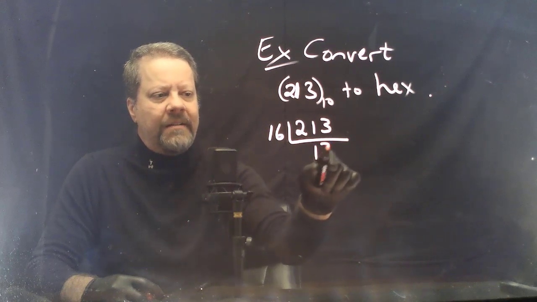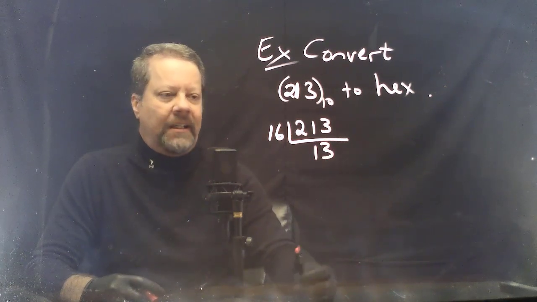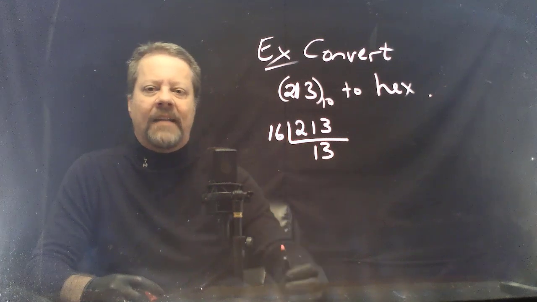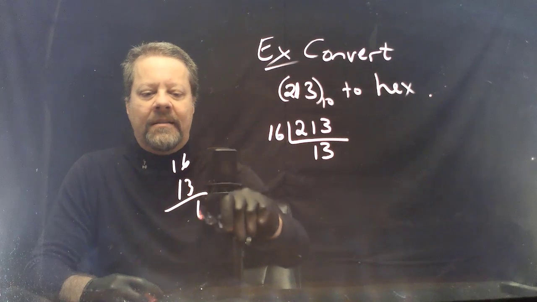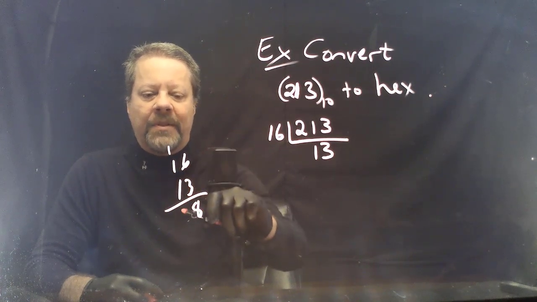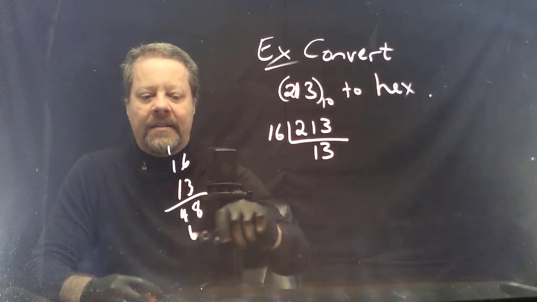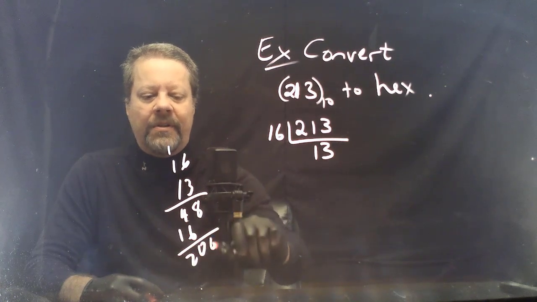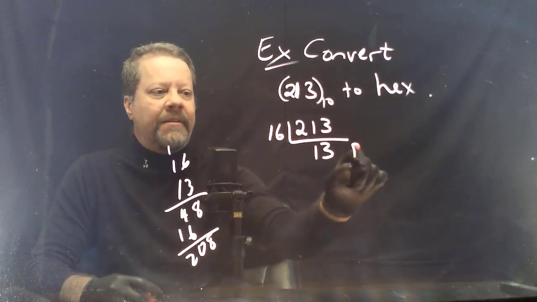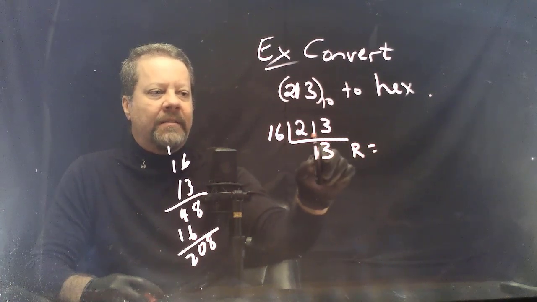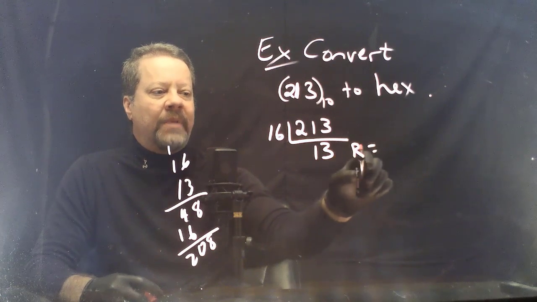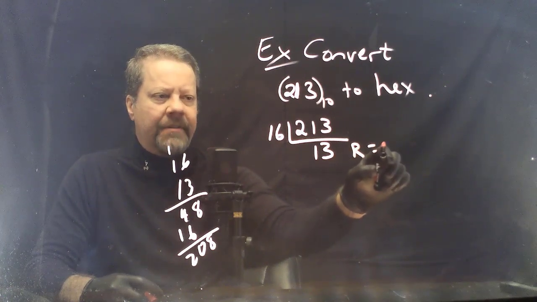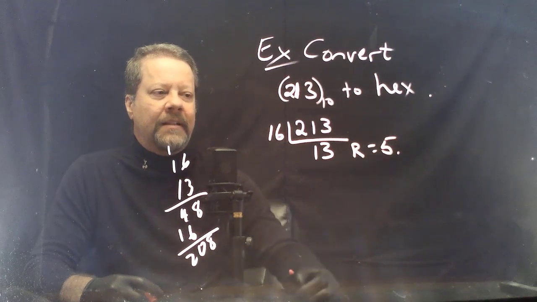But in fact, it goes in a few more times, 13. What is 13 times 16? Well, it's 208. So the remainder here will be 213 minus 208, and we get a remainder of 5.